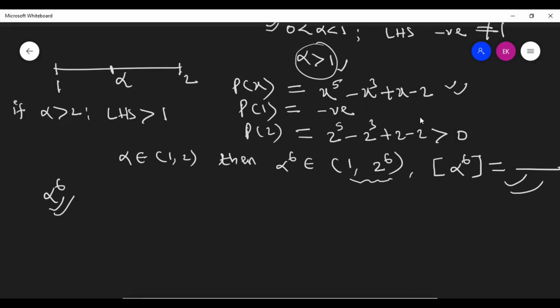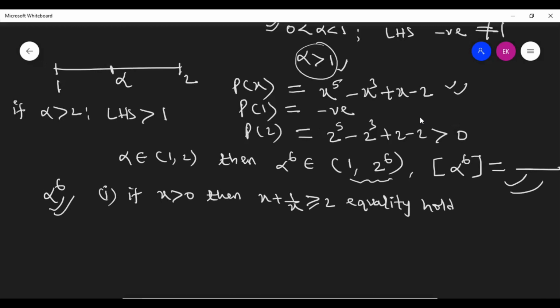It is easy to find, but we will use some basic theorems of number theory. Number 1: if x is positive, then x plus 1 by x is greater than or equal to 2, and equality holds if x equals 1.